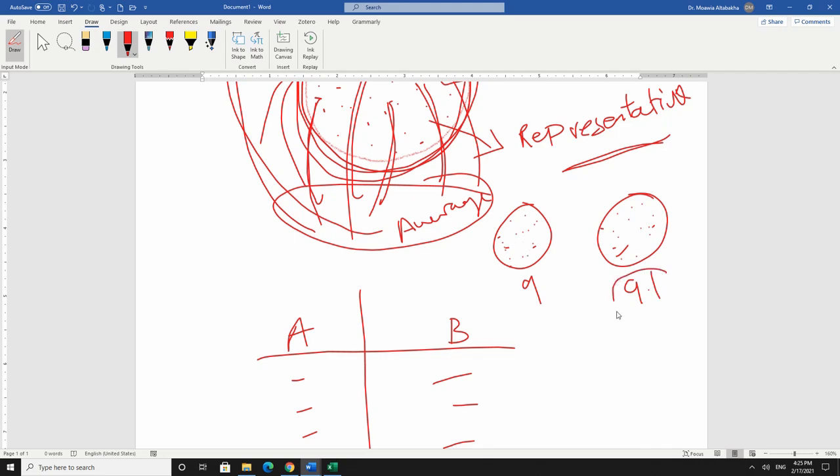I will go for this one directly, because 9.1 represents the whole class. It's a true value, and 9 here also represents the whole class. So here I'm comparing two true values. Yes, the difference is very small, it's 0.1, but yes, there is a difference.